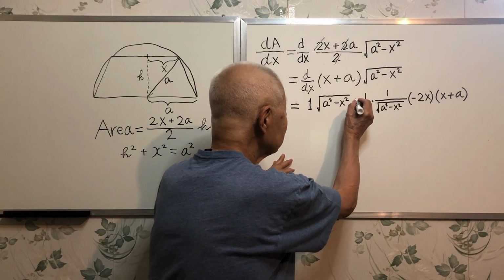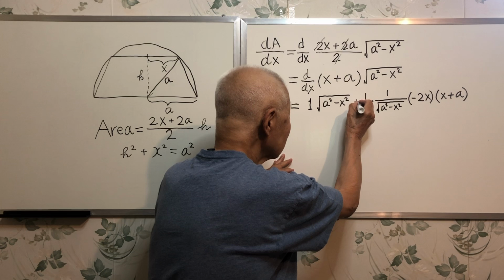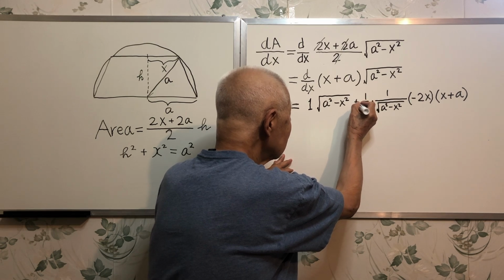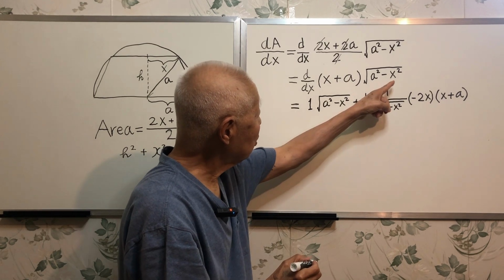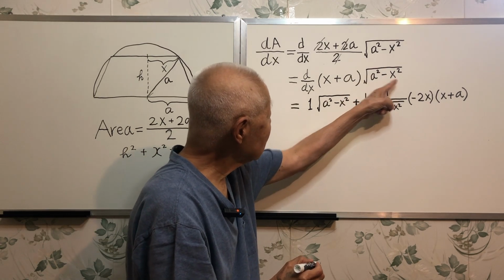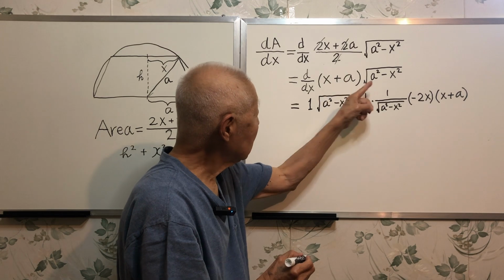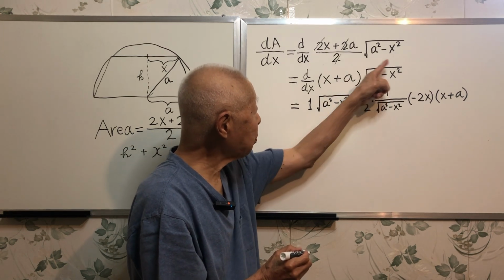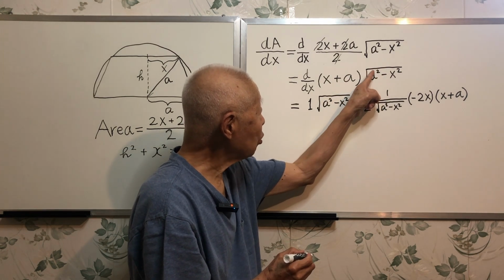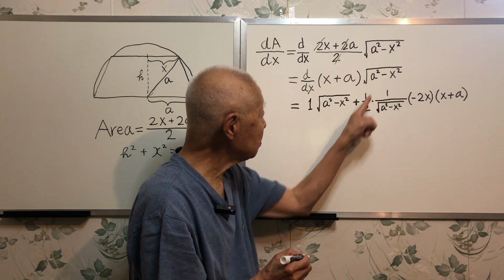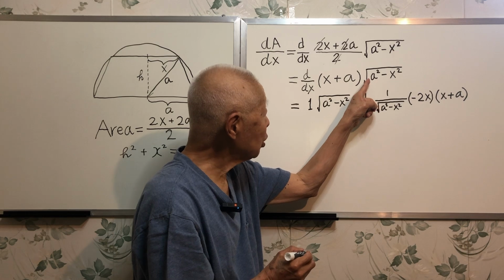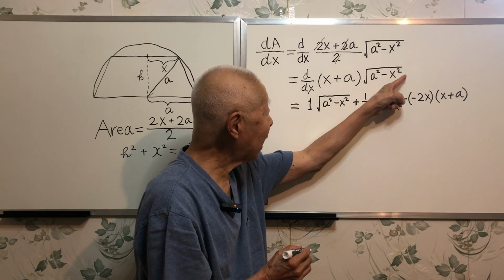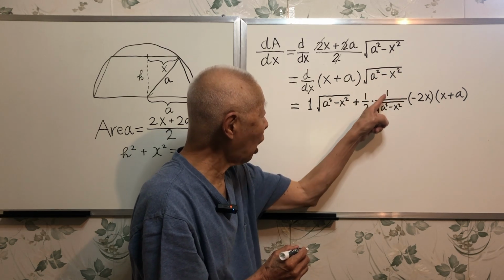Plus the derivative of this part multiply this. The derivative of this part is 1/2, which is the exponent, 1/2 minus 1, which makes it negative 1/2, so it goes to the denominator.